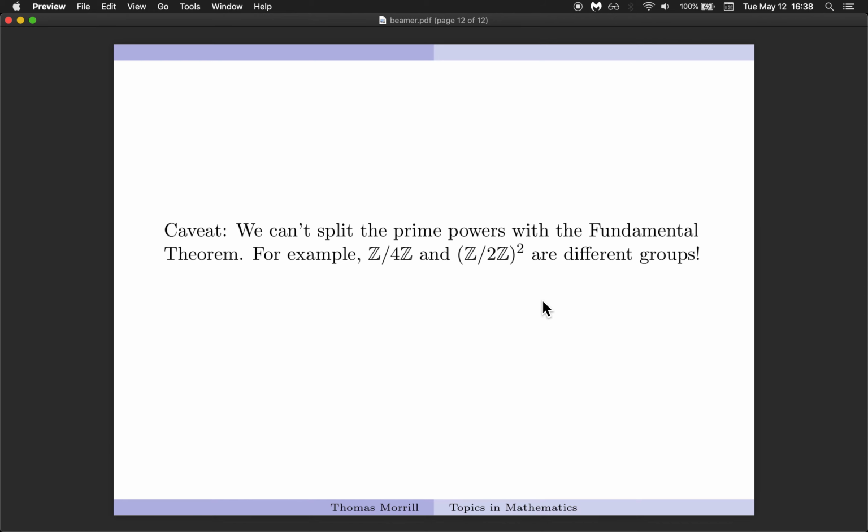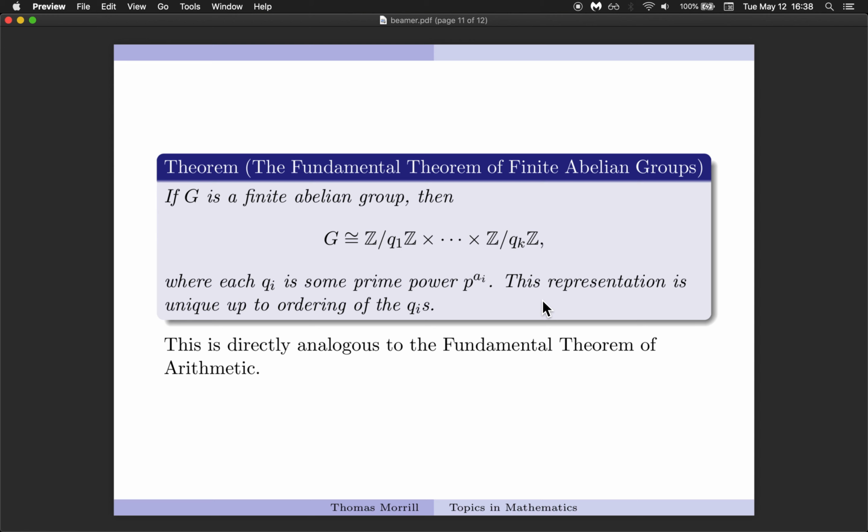But the big takeaway from today's lecture is that every single finite abelian group just looks like a product of a bunch of cyclic groups, and those are exactly the groups that we've been studying since the beginning of this course, even though we weren't calling them that at the time.